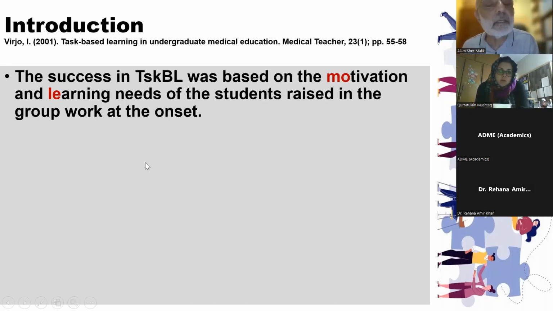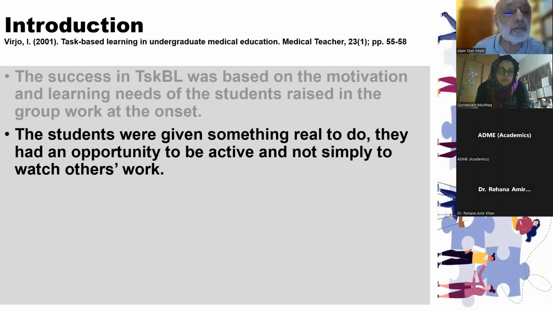The first: the success in task-based learning was based on the motivation and learning needs of the students. Because, as I said, it is a form of PBL, students have to identify the learning needs in the first group at the onset. Motivation and learning needs are the real things which make task-based learning successful.